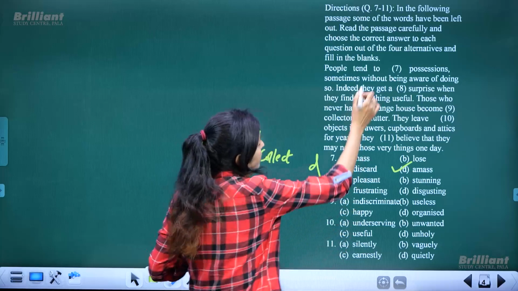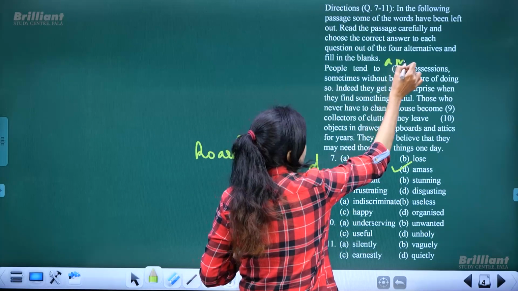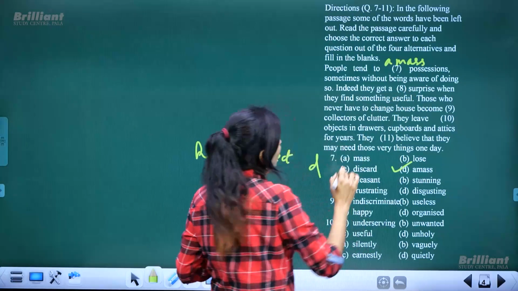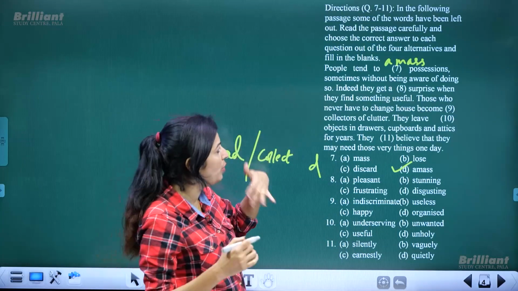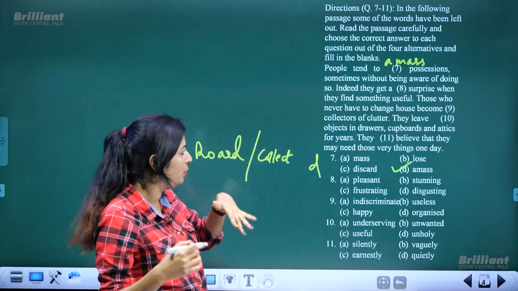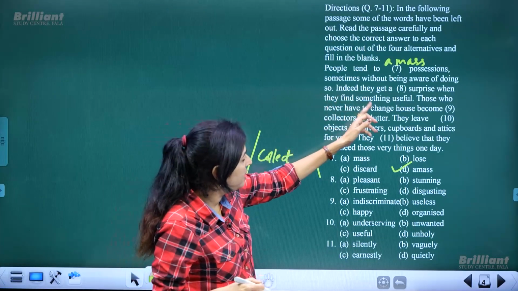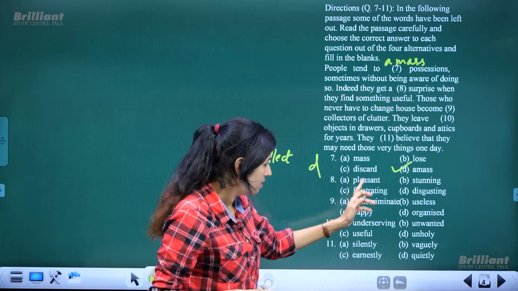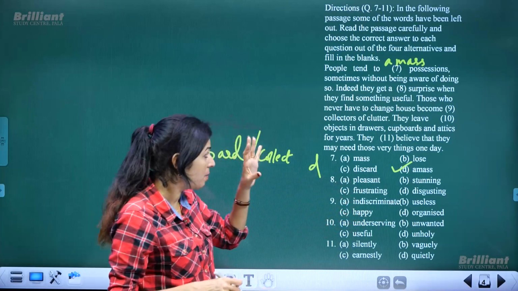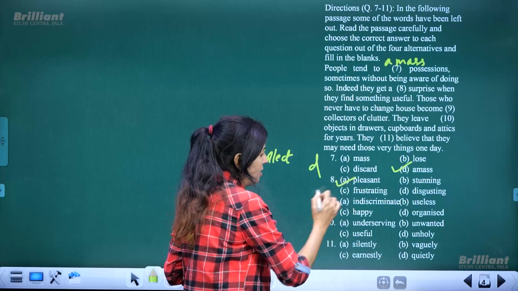People tend to amass, meaning to hoard or collect possessions, and sometimes that is done without being aware of doing so. We are not aware of what we are doing. Indeed they get a dash surprise. What sort of surprise? Pleasant, stunning, frustrating. Surprise is always pleasant.